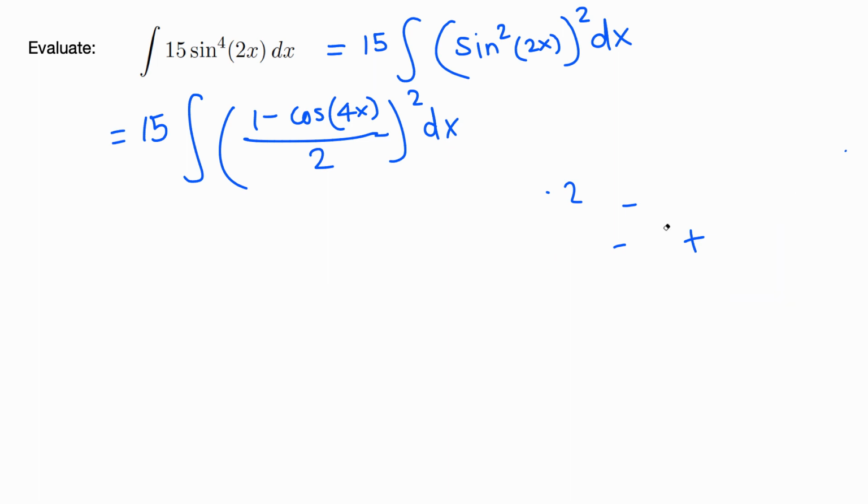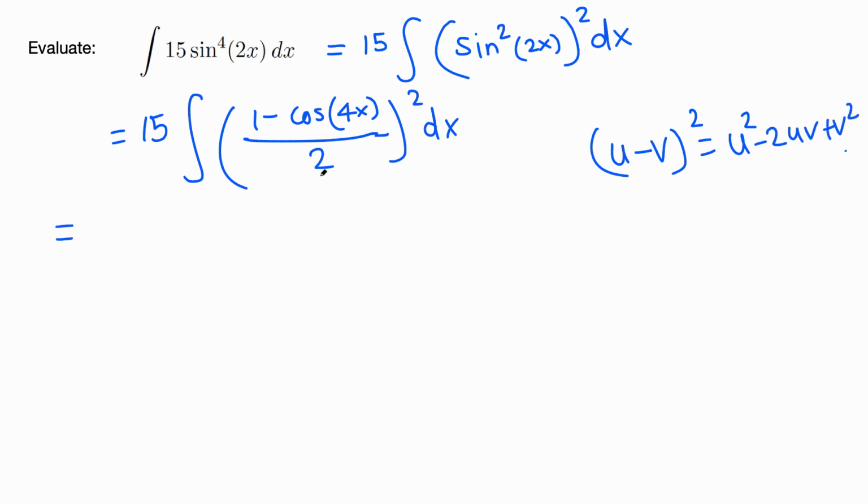Okay. So the next thing is, now we need to take care of this outside square. This 2 squared, 4, we can pull outside. That leaves (1 minus cosine 4x) quantity squared. It's like (u minus v) quantity squared, that is (u minus v) times (u minus v). When we multiply it by itself, we're gonna get this. So let's do that.